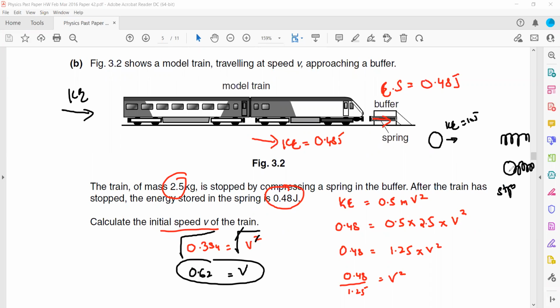If the ball stops, it means the ball's kinetic energy is transformed into strain energy. So how much energy is stored in the spring? The spring will have elastic strain energy, and that is also 10 joules. So when a moving object hits a surface, if it compresses the surface, it means the kinetic energy is transformed into elastic strain energy.